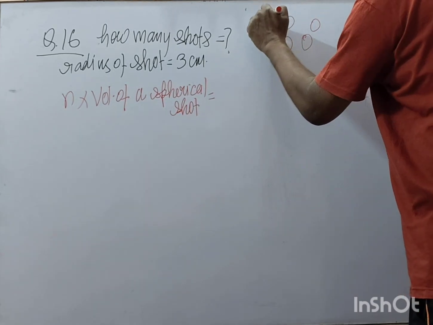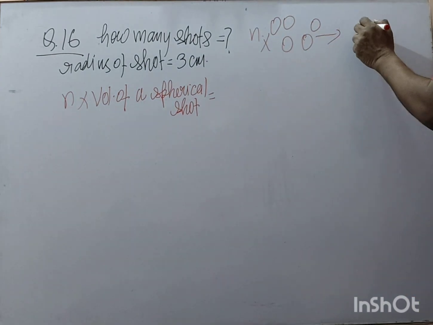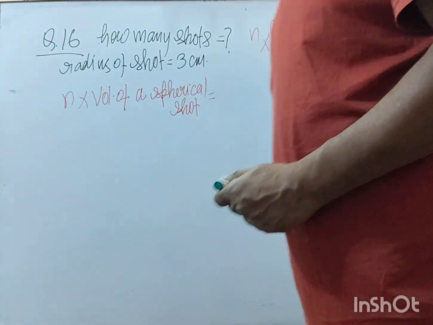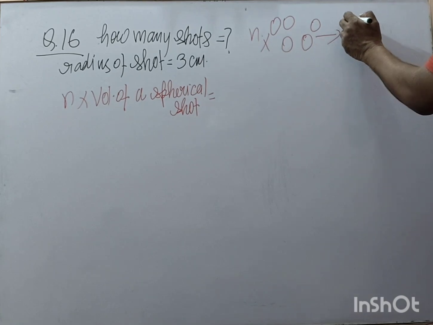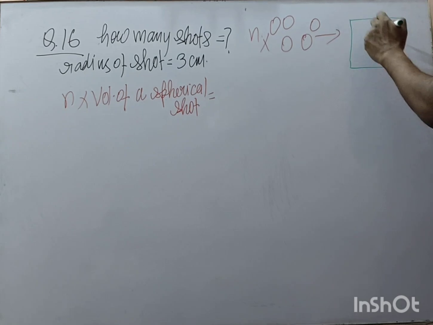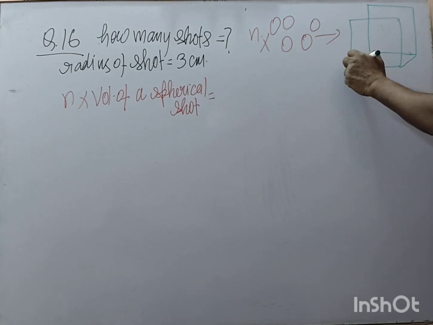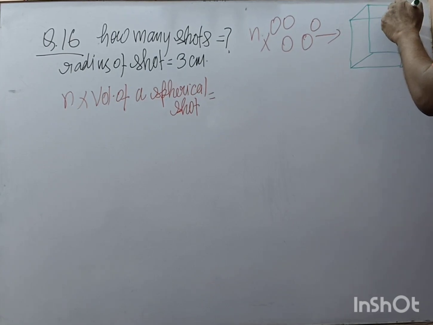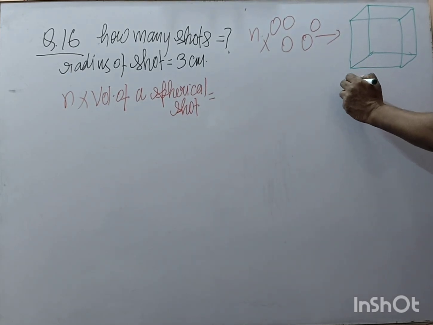We are making it from a cuboidal solid. Cuboidal is like this, a cube with edges 9 centimeter into 11.